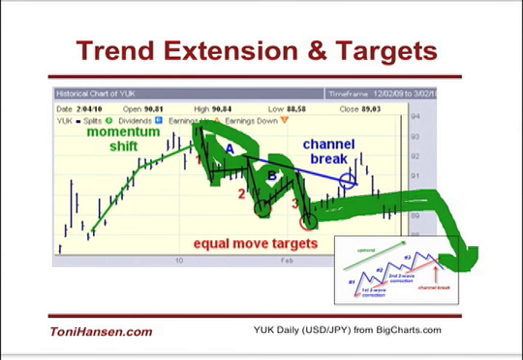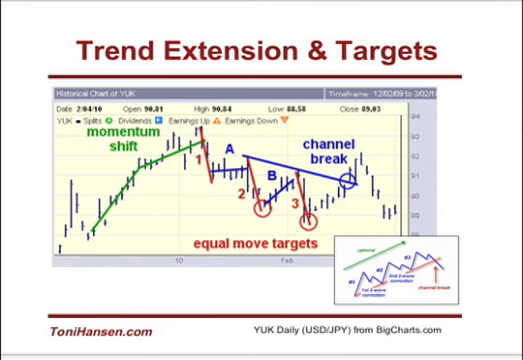And going off of this, because this had larger upside momentum compared to this, so B was stronger than A, we know that there's probably going to be a stronger reversal or break through this upper trend channel than if B had been more gradual than A. If B had been more gradual than A, then we might have had an attempt at a fourth low where it served as a trap before it reversed.